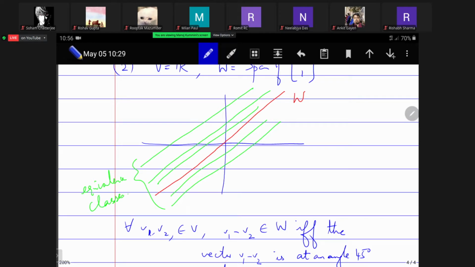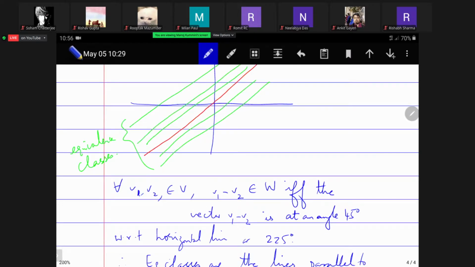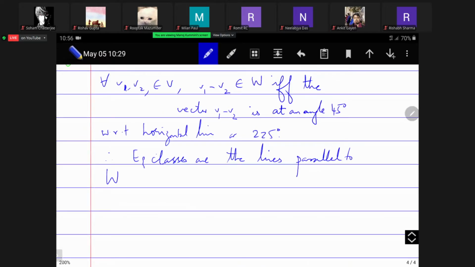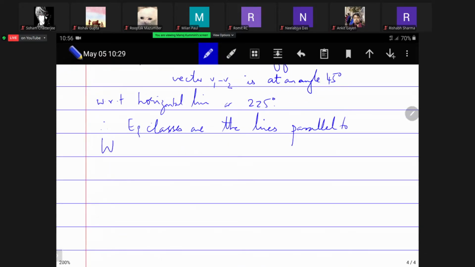Here also we can choose from any equivalence class one that represents that class. For example, here also you can choose one from the y-axis. Any one of these parallel green lines will hit the y-axis at exactly one point, so you can choose that as the vector which represents that class. The representative we would choose typically depends on what calculations we have to do and what would be convenient.